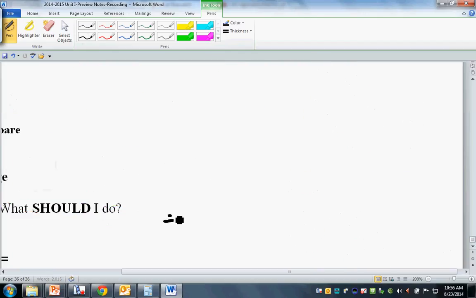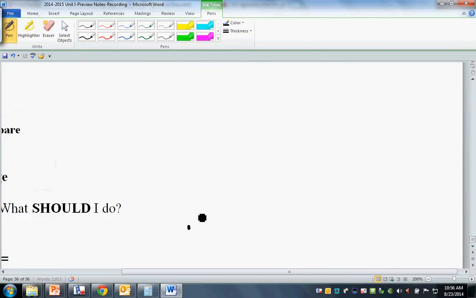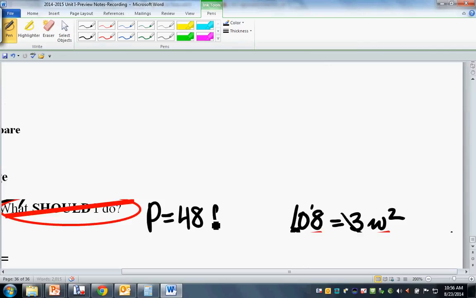So our perimeter ultimately is 48, and that's feet. That's not feet squared because it's a border. Okay, so we have 48 feet now.